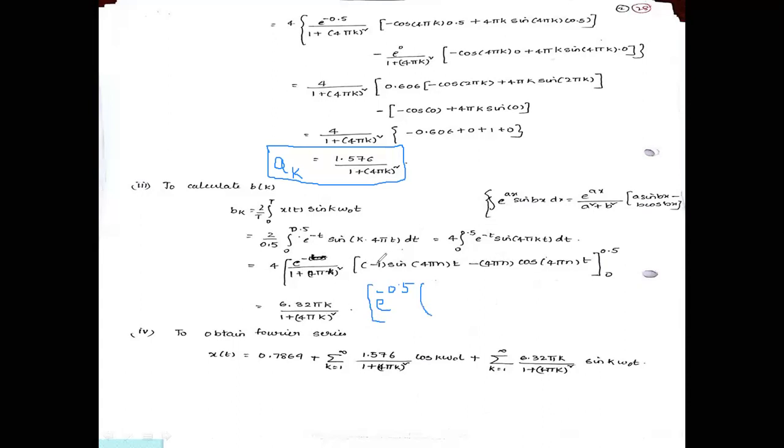Whole multiplied with the minus here: sin 4 pi k, t is 0.5 because I am substituting the upper limit 0.5, minus 4 pi k cos 4 pi k into 0.5, substituting the upper limit.